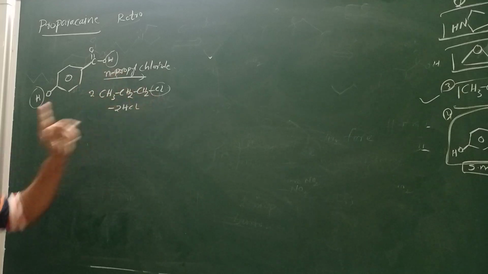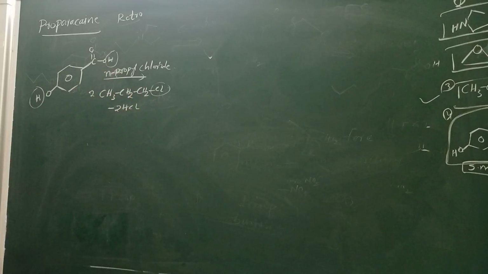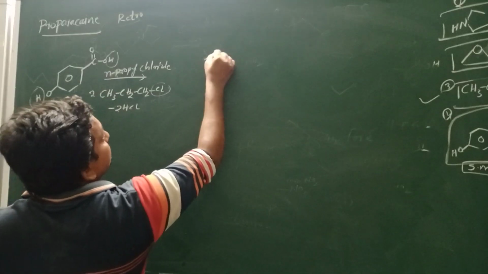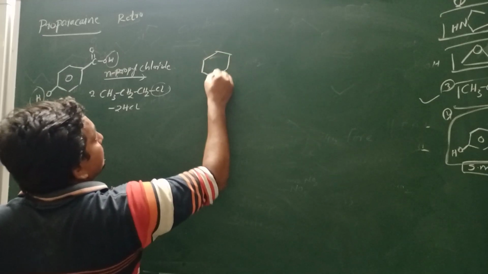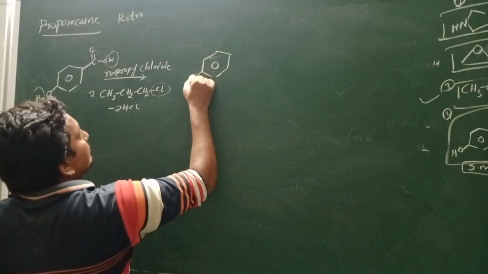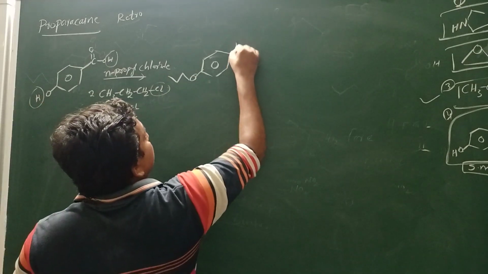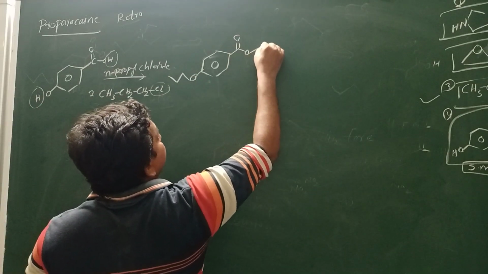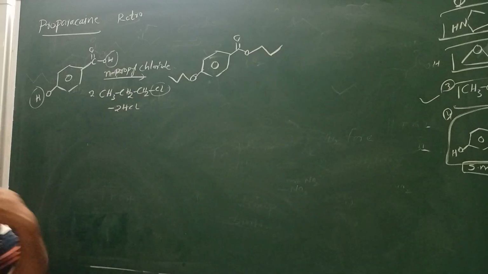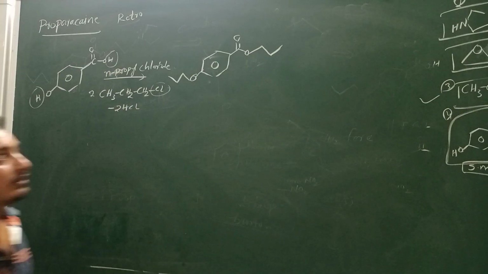H plus Cl minus and H plus Cl minus. And the product is like this, and C double bond O. Like this, the product is.